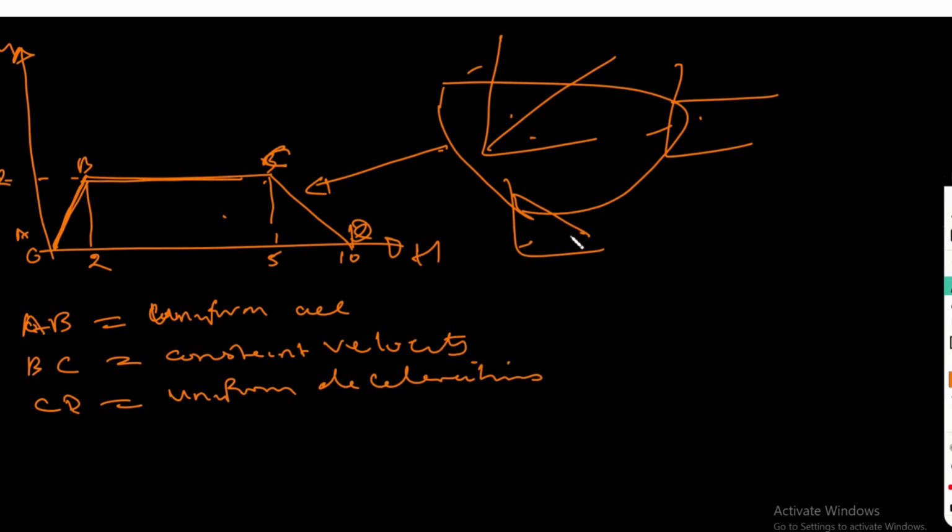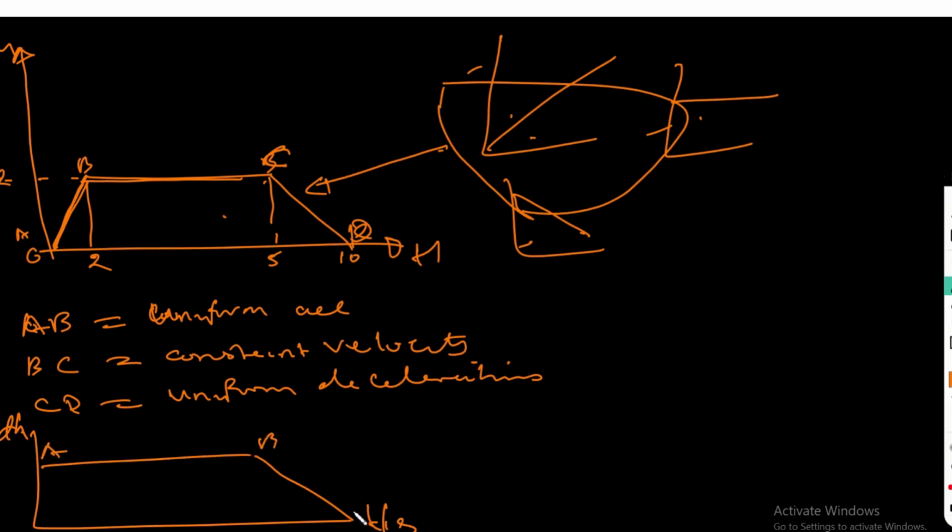And they can give the same thing for displacement. They can still give a graph like this, a displacement against time graph. Now describe this motion. This is A, this is B, and this is C. So you have to understand, if AB is like that, it means it's constant distance, right? So AB in this case will be constant distance, or constant displacement, depending on which one they are talking about.